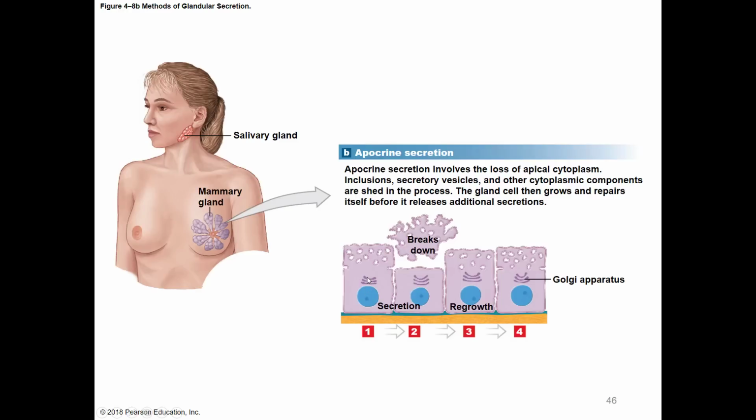So we have a cell here with secretory vesicles filled with milk, and instead of just ejecting the milk, the whole top part of the cell pinches off and cytoplasm is released with the product, which in this case is milk. The cell regenerates and produces more milk and then begins to pinch off again, and we will begin the cycle again. So we release the product with cytoplasm. That's an apocrine secretion.